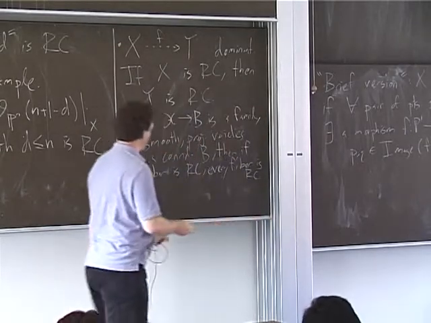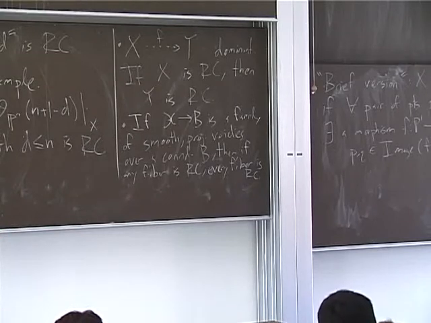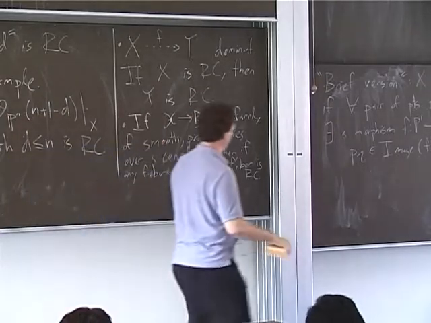So what this is saying is if you have some family of smooth projective varieties, the property of being rationally connected is constant in that family. If it's true for one, it's true for all of them.